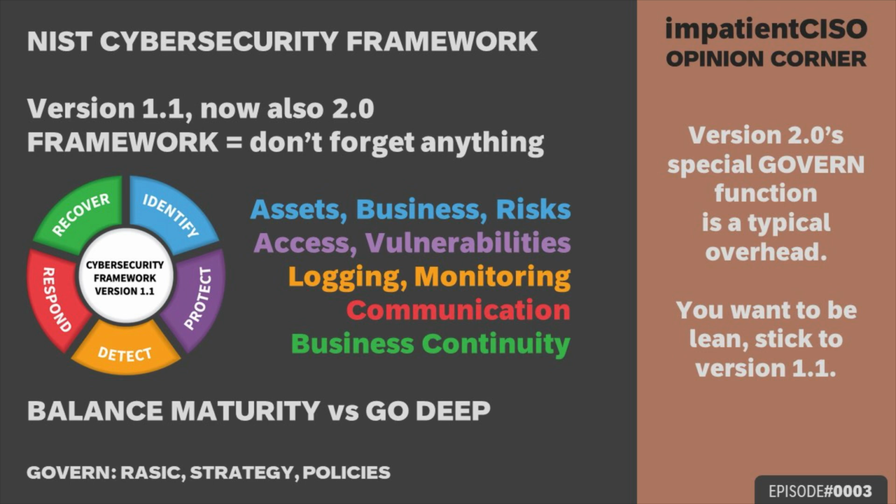So if you want to be lean, and again, I'm emphasizing, stick to version 1.1, because then you really have people working on the right areas, and you have to enable them to manage the area and say, what is the RASIC for recovery? Do I have a mini recovery strategy?